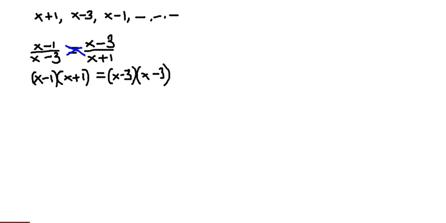Expanding this, x minus 1 times x plus 1 looks like the factors of a difference of two squares, remember, difference of two squares. So when expanded, it simplifies to x squared minus 1.